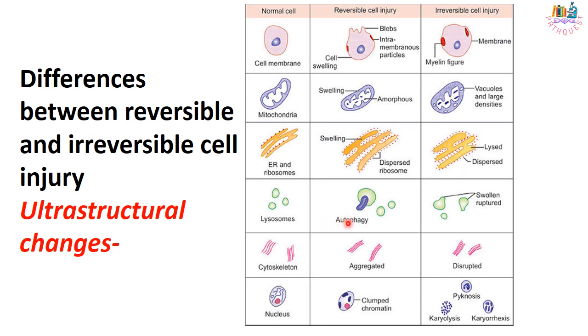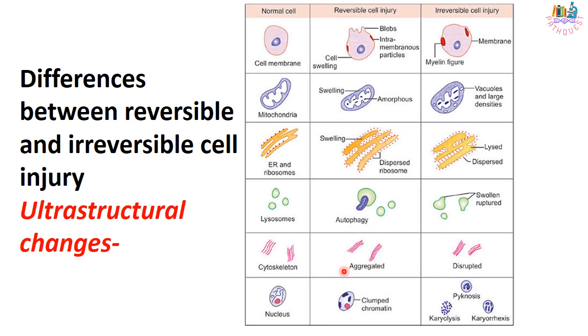Coming to lysosomal changes, in reversible cell injury there is autophagy by the lysosomes, and in irreversible cell injury the lysosomes rupture, releasing the lysosomal enzymes which cause further damage to cytosolic organelles.